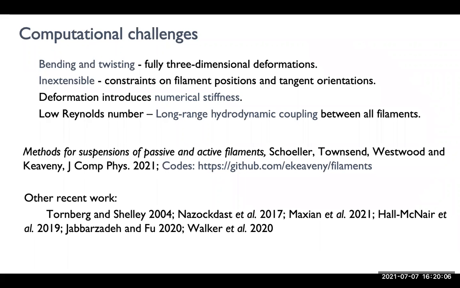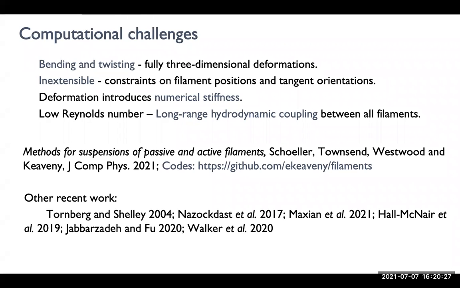Right, so there are a few computational challenges that arise when you start thinking about, okay, I want to simulate a bunch of filaments in 3 dimensions. So one of them really is having to capture both bending and twisting.